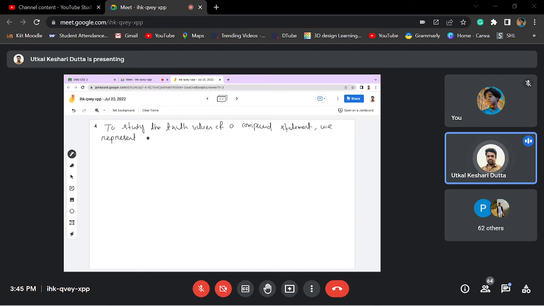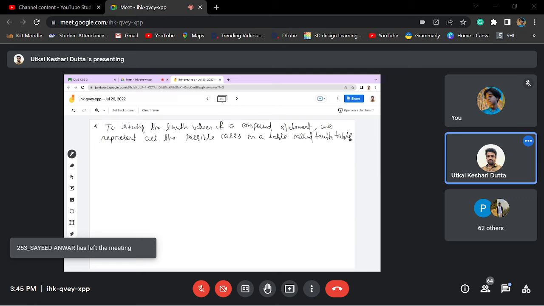We represent all the possible cases, depending upon how many propositions are given or existing, in a table. The table is called a truth table. Just for your knowledge, that is not required, just know that.